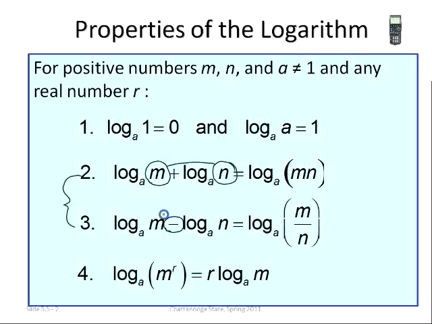And if we have the same thing but it's subtraction instead of addition, a related statement would be that you do the m divided by the n. Okay. So addition combines into a multiplication, and subtraction combines into a division.